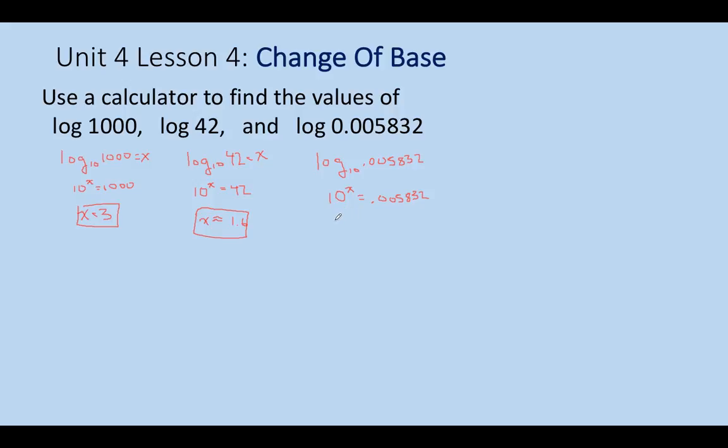So we know it's going to be less than that. When we go to our calculator, we get the actual answer, and x is equal to negative 2.234. Okay, so that's using your calculator and kind of why it's working out that way.